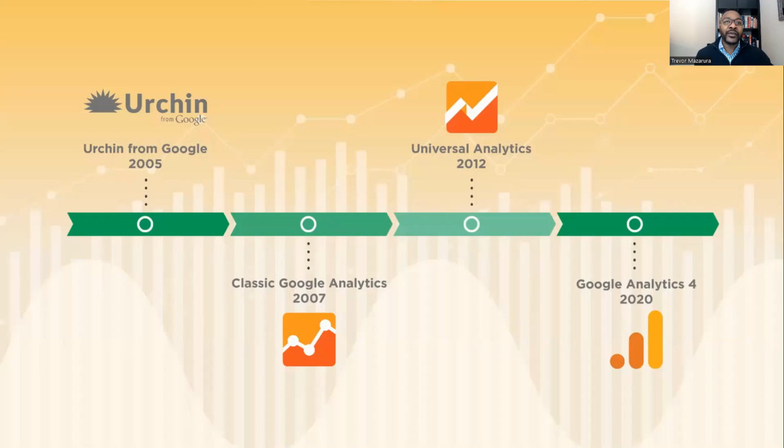Google acquired Urchin in 2005. That was working well, but it was really built with UTMs in mind. Then in 2007, it was upgraded to Google Analytics. Then some changes, some duct taping went into Universal Analytics in 2012. And then finally, in 2020, the new and shining GA4.